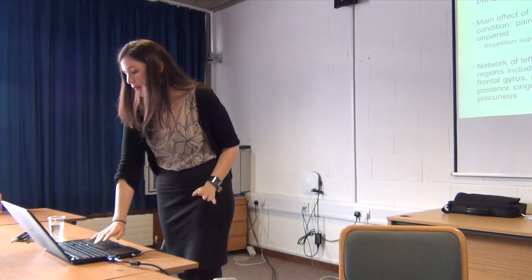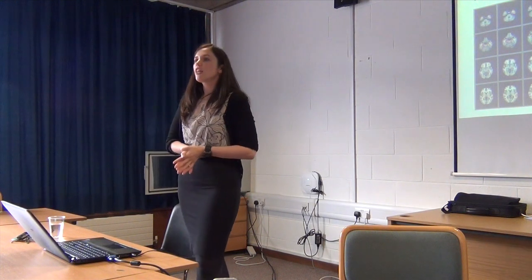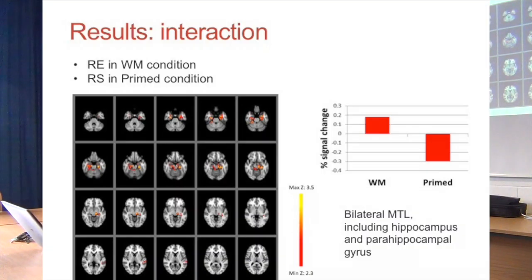So far, so expected. Our interesting results are in the interaction. So we're looking at the interaction between memory condition, working memory and primed, and the repetition condition, so paired or unpaired repetition. So this is allowing us to look at differences in repetition enhancement and suppression depending on mnemonic context, so depending on whether or not the items were actively maintained in memory.